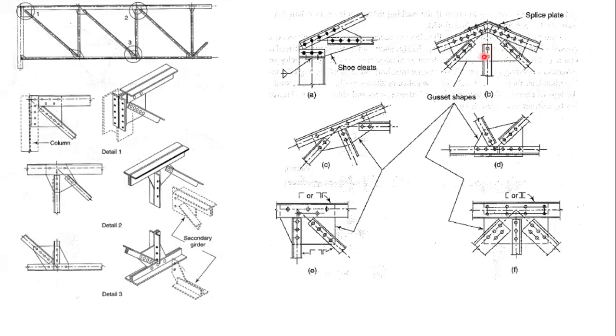Choosing the member, we should be careful enough to give importance to the connections also. Depending on the diameter of the bolt, that will also be taken into account when we are selecting the angle section from our steel table. If the force is very large, then we'll get angles or members of larger size, and then the connection won't be a problem.